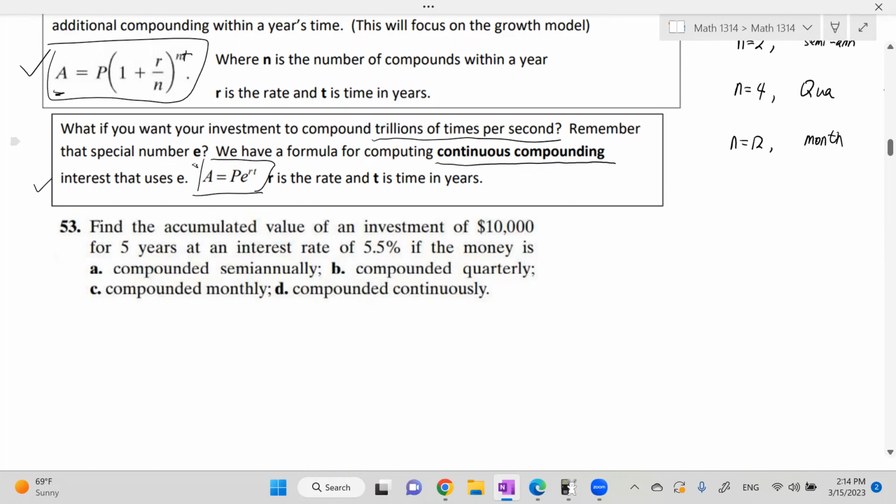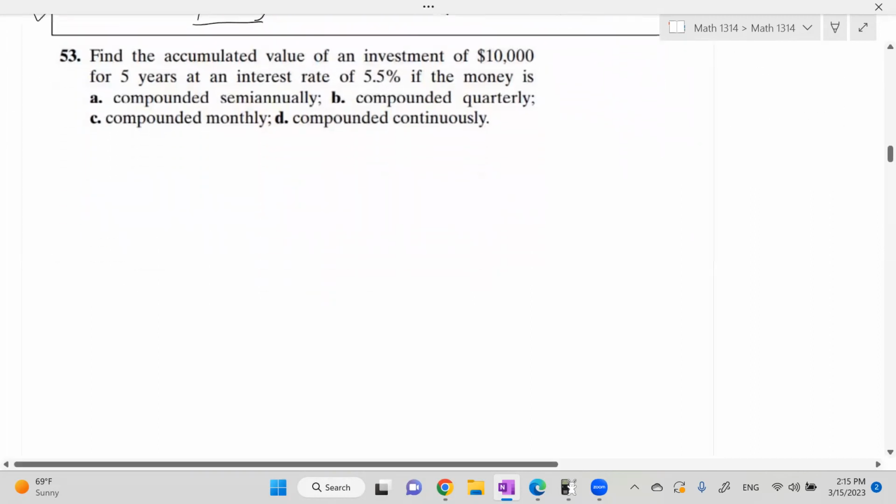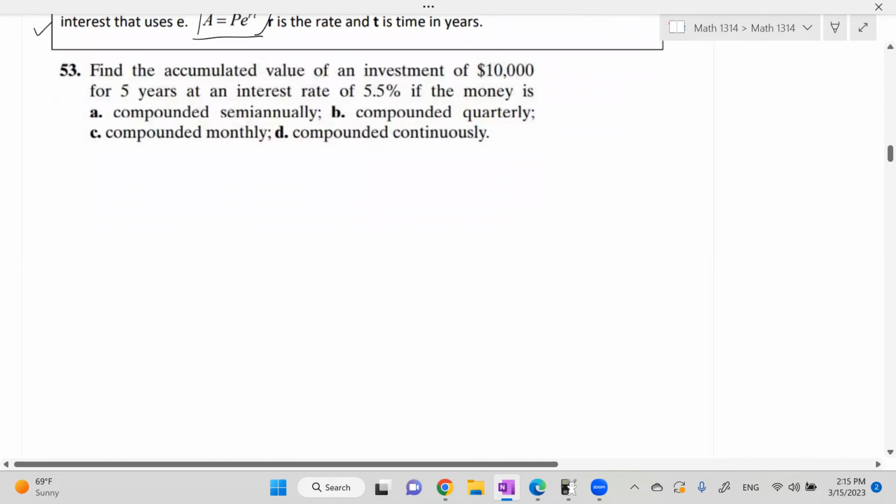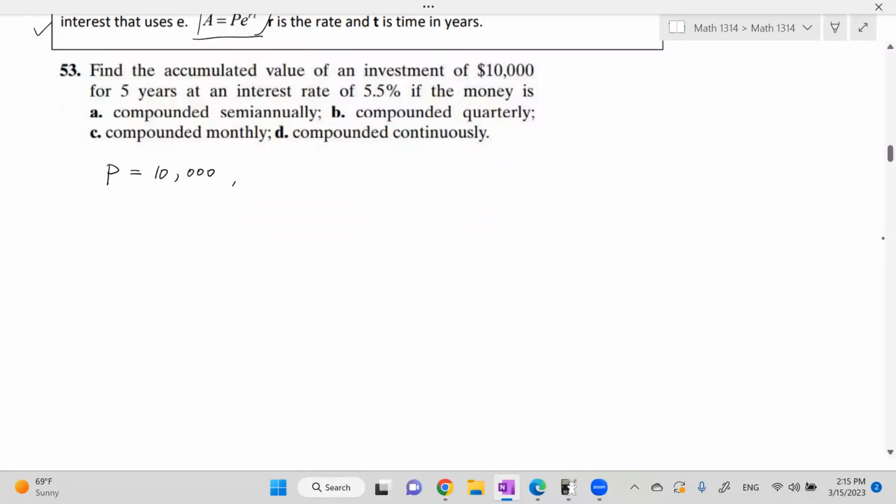All right, let's identify the P, R and T. The P is the initial amount, that's the principal, 10,000. And how about years? Years, that's T. T is always in years. In the previous formula, compounding annually, T also means years.